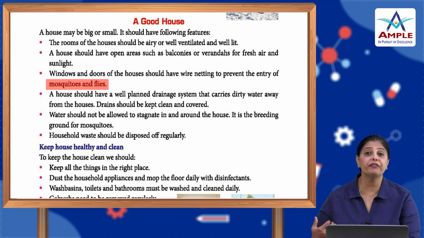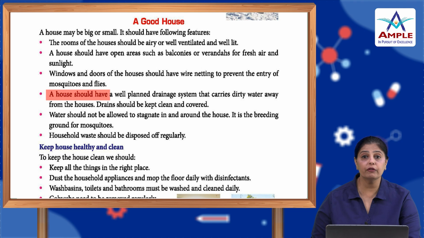So, in order to prevent them from entering the house, we have to ensure that our windows are all netted, and at the same time even the doors, and there should not be gaps from where they can come in.